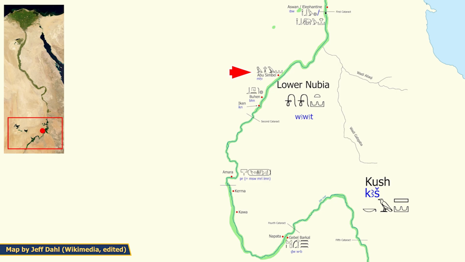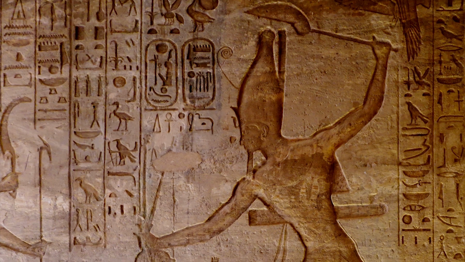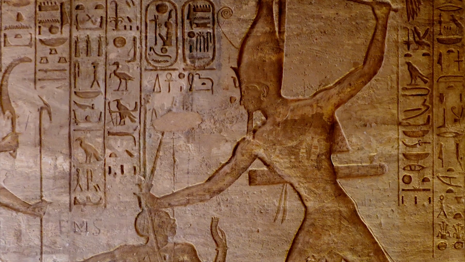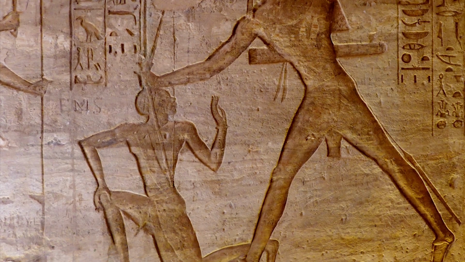Well, again, the key thing to remember is that these temples are built within the colonial territories of Nubia, which the Egyptians are ruling. So it seems that Ramesses II particularly felt the need or the desire to establish his sort of political domination over the region through the medium of temples and art.